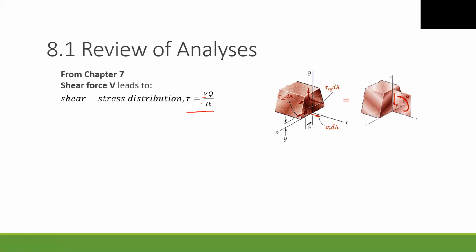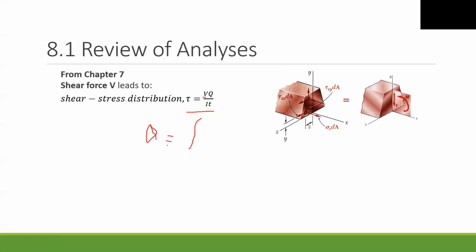I want to explain these terms. V means the shear force. You can obtain it from the static force. This is the input value. Q is related to our section, the area moment of inertia. In general form, you can also find the details in chapter 7, I just want to summarize the formulation.